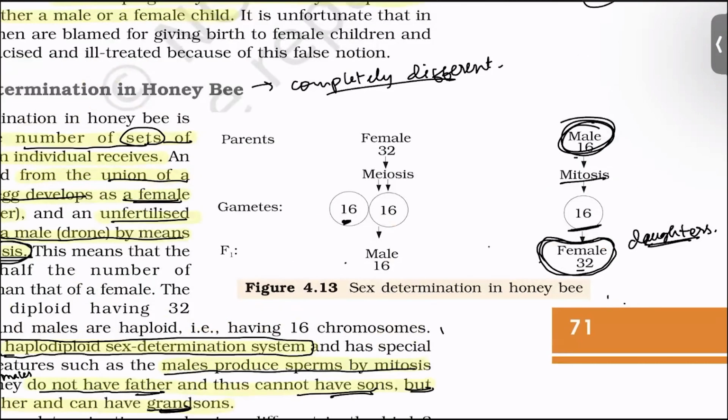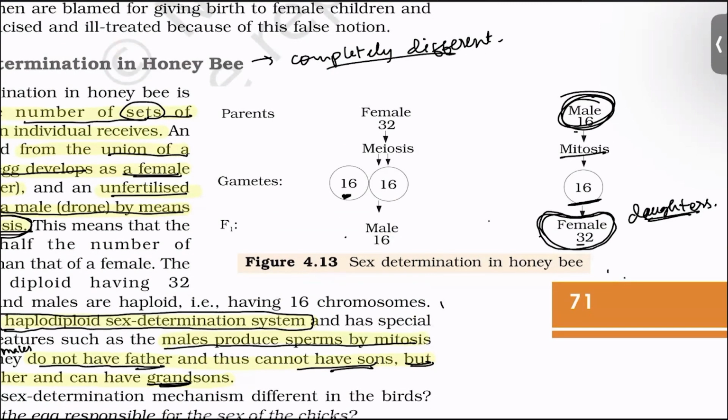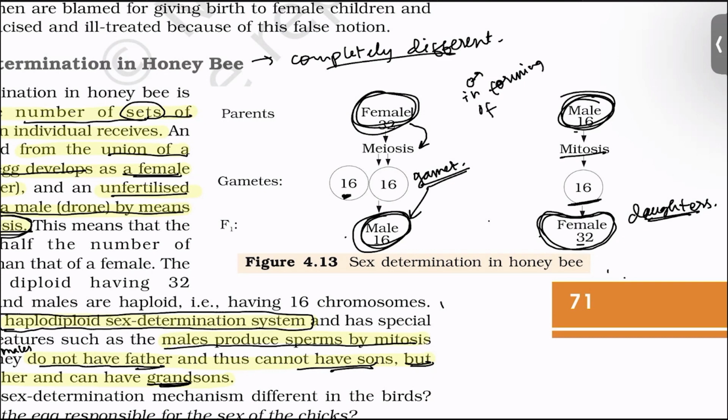And male does not have father, because this male is formed by a female. The female undergoes meiosis, forms gamete, and this gamete is just converted into male. So there is no involvement of a male in forming another male child.